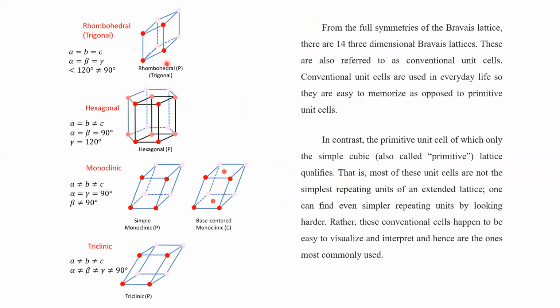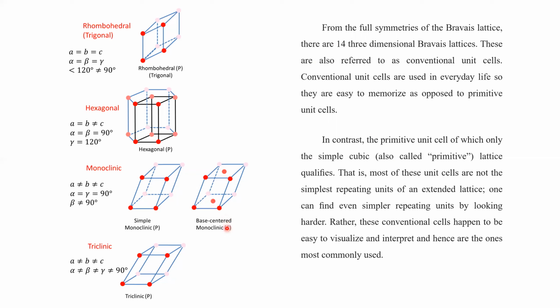Trigonal, we have only 1. Hexagonal, 1. Monoclinic, we have 2. Simple monoclinic, labeled as P, only at the corners. And here, in addition, we have 1 sitting in the middle of the top surface, another one sitting in the middle of the base.